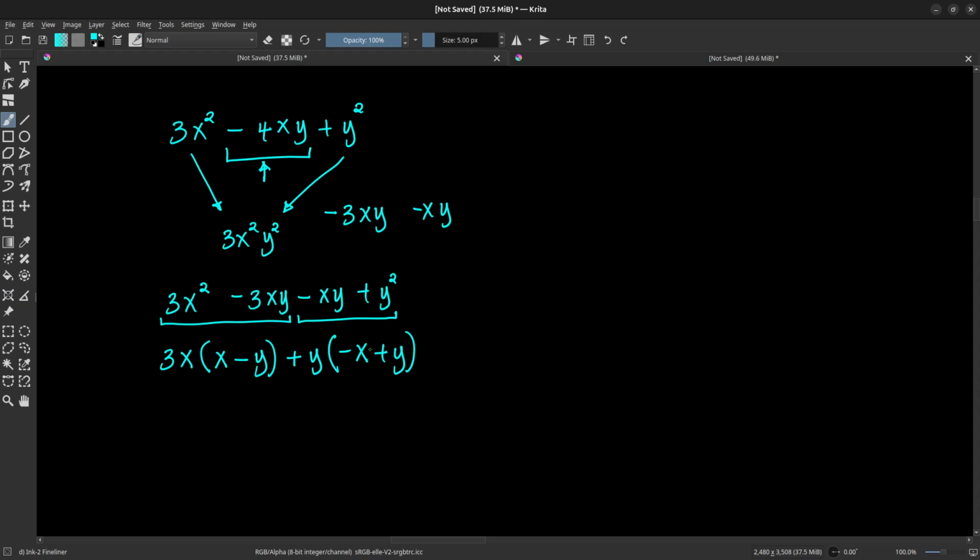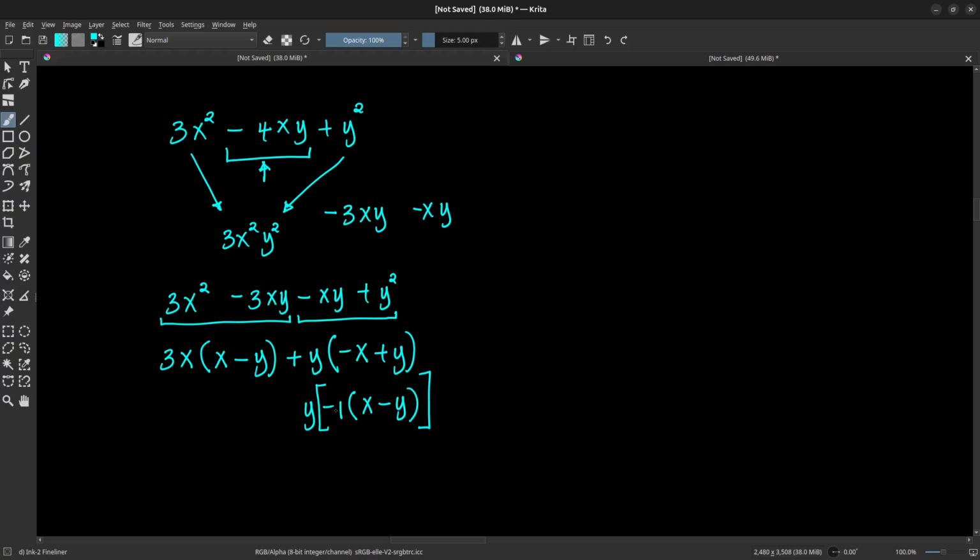So we can factor out −1 from the second term: then −x divided by −1 is x, and y divided by −1 is −y.